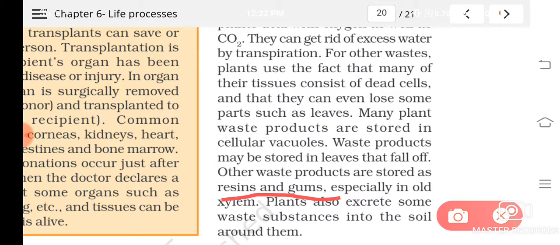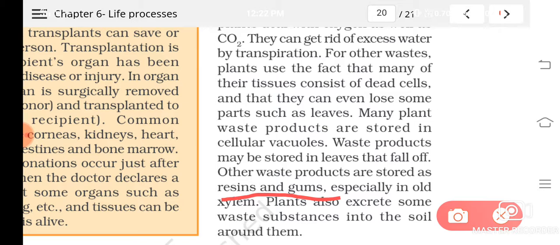The waste materials can be stored in the vacuoles. They leave the waste materials in the leaves or their barks, so when these fall off, the waste also gets rid of. Then some plants store the waste materials in the form of resins, gums, etc., which are useful economically for human beings, but not useful to the plants.